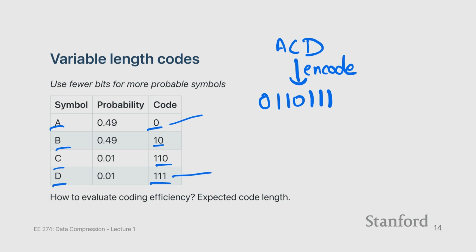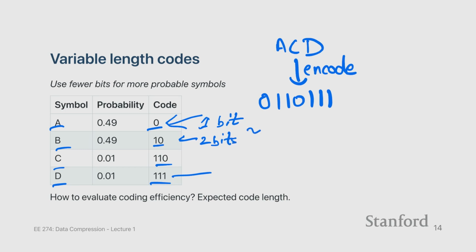Good. It should be better, since roughly half the time we're using 1 bit instead of 2. To evaluate it, you can look at the bits per symbol, which is multiplying the probability by the length for each symbol and adding them together. So the answer, which is correct, is that half of the time you are using just 1 bit, and for B you are using 2 bits.